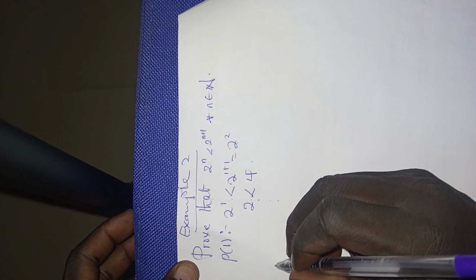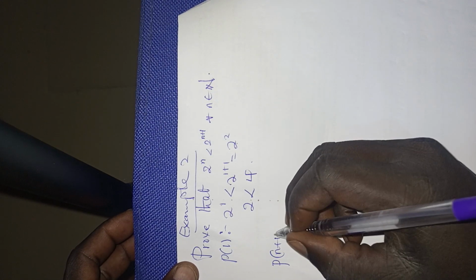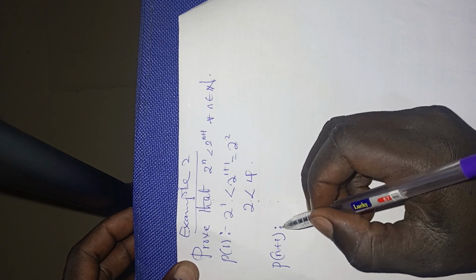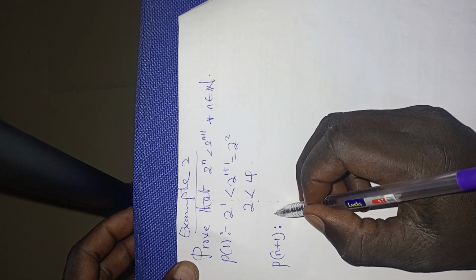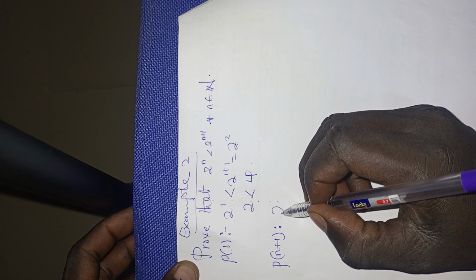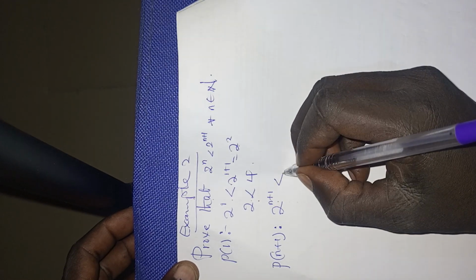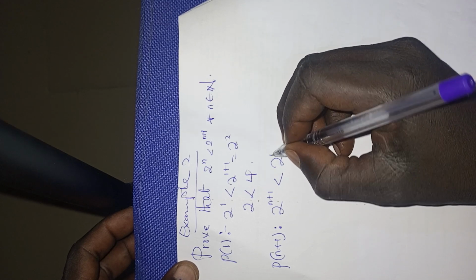Of course, so we just go and say P of n plus 1. What happened in the P of n plus 1? So if this is n plus 1, what do we have? So for us to prove that it is true for n, you have to prove that it is true for 2 raised to the power of n plus 1, 2 raised to the power of n plus 2.